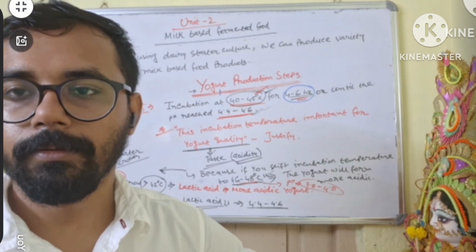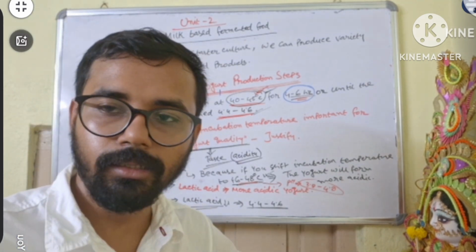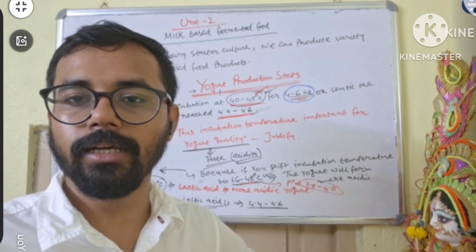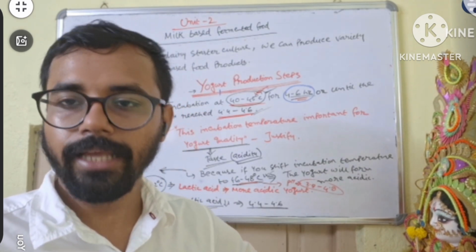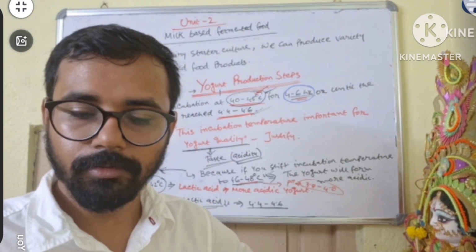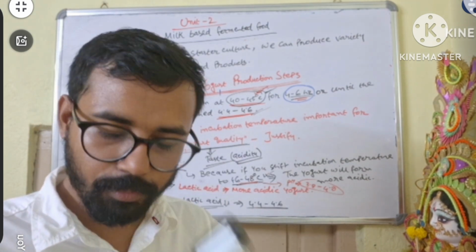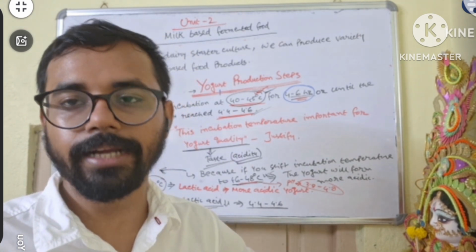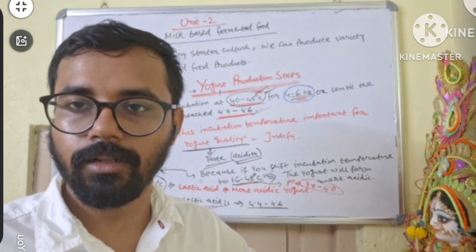The statement is correct. Because if we shift the temperature 1 to 2 degrees higher, then L. bulgaricus starts to grow predominantly, better than Streptococcus thermophilus. And if L. bulgaricus grows predominantly, it produces more and more lactic acid, which makes the pH lower and a more acidic yogurt is produced. Clear?